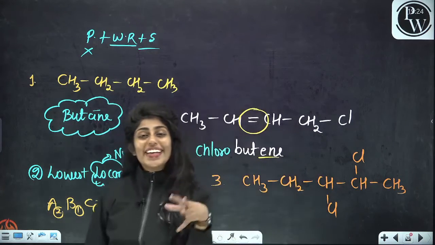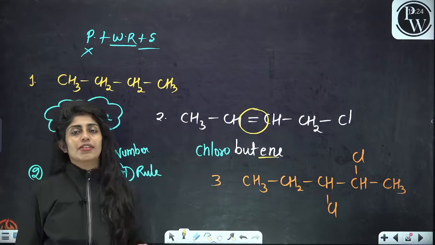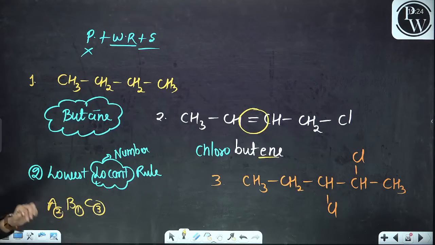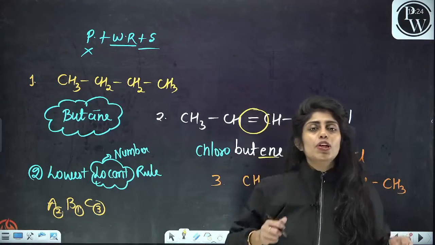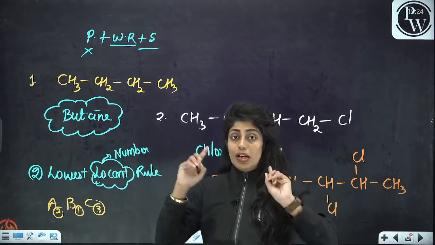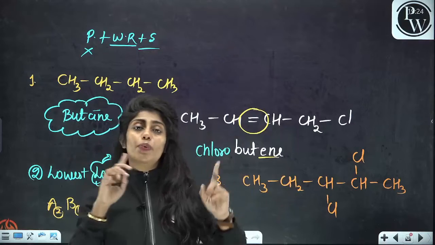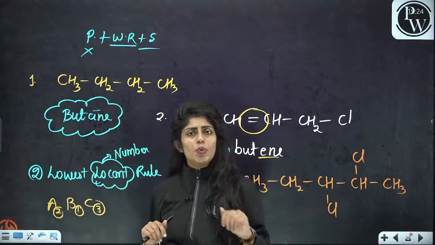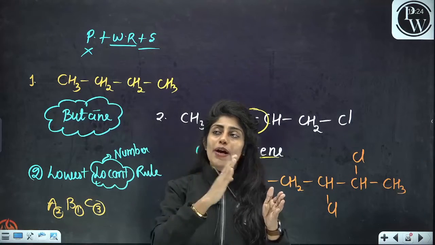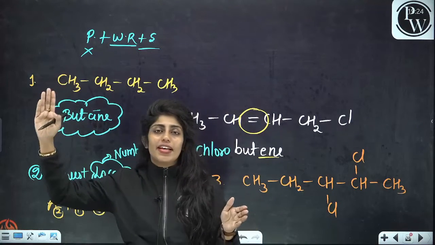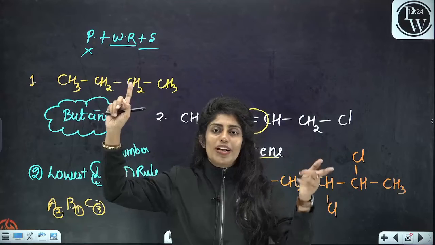So, there is a preference. You gave number 1 to B. Which one is the lowest, 1 or 3? You will say number 1 is the greatest. No. If I am talking about 1, 2, 3, 4, 5, 6, 7, 8, 9, 10, then 10 is the largest and 1 is the smallest.